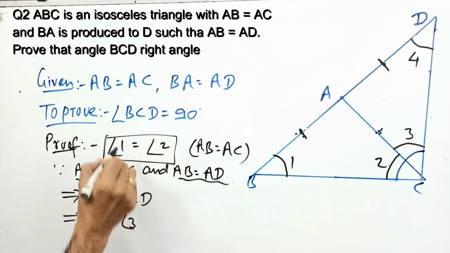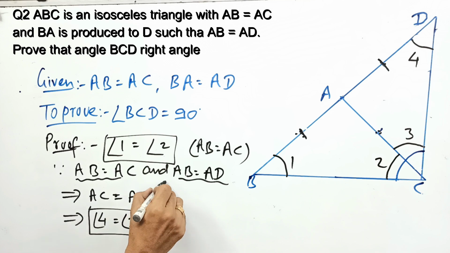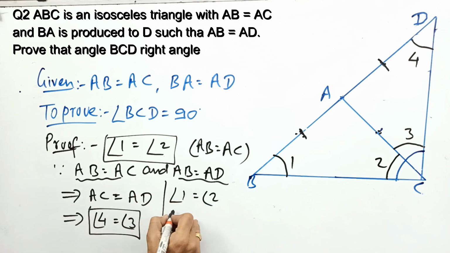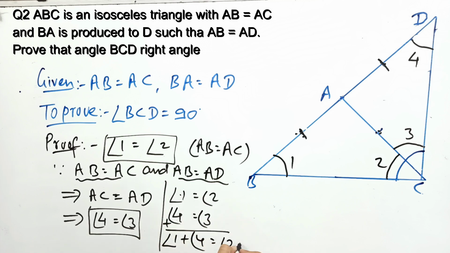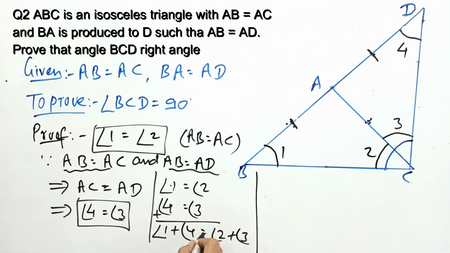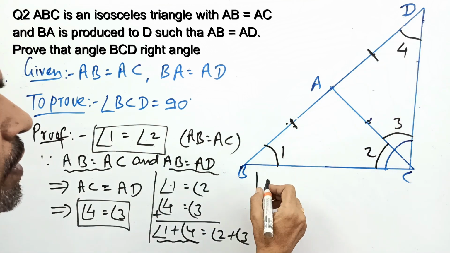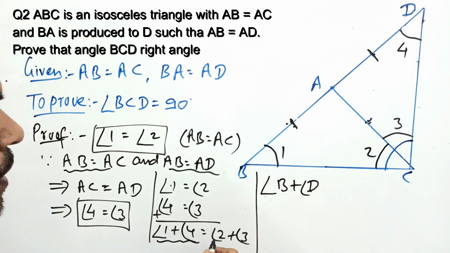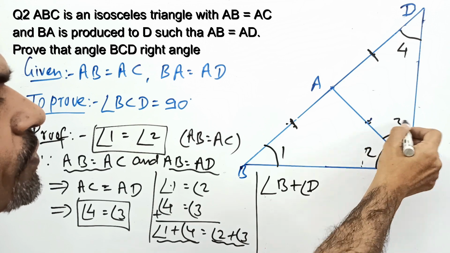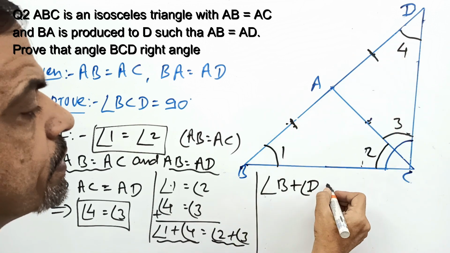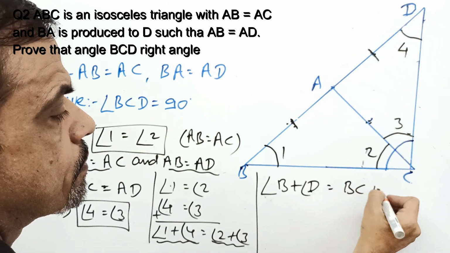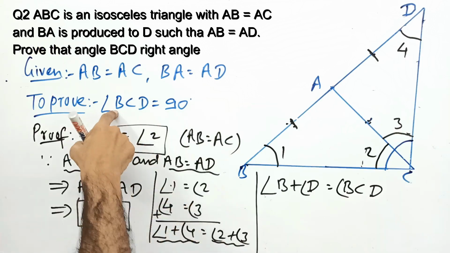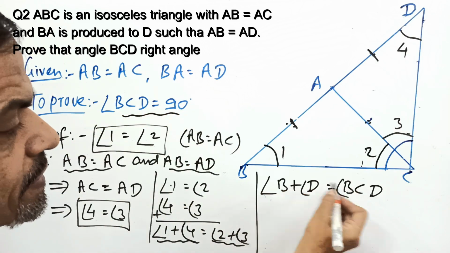Now add these two equations, 1 equals 2 and 4 equals 3. 1 plus 4 equals 2 plus 3. 1 plus 4 means angle B plus angle D, and 2 plus 3 we can say angle C, or BCD. Now in order to prove this, let us add BCD to both sides.